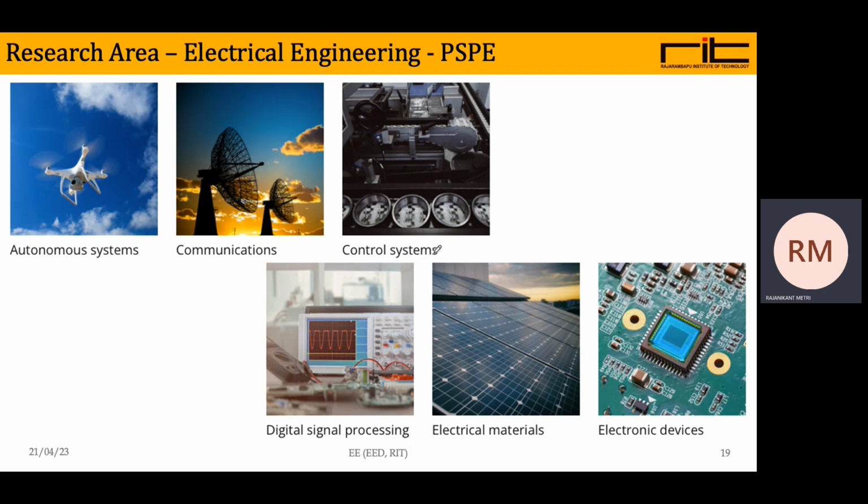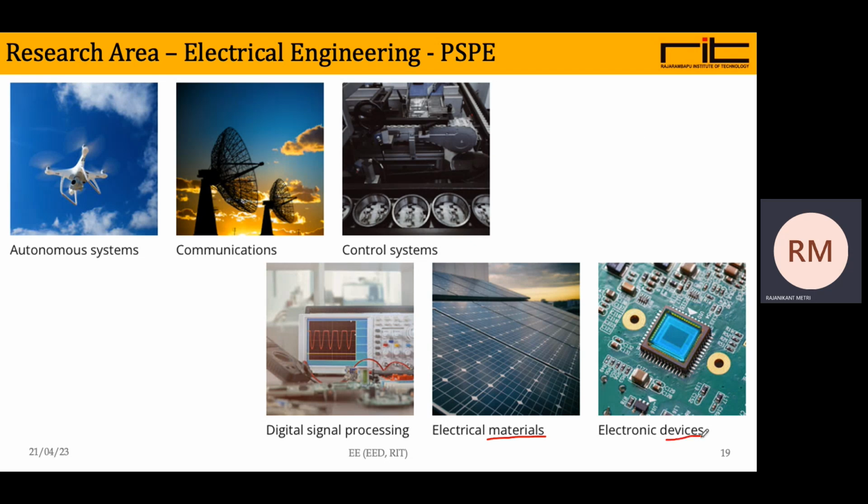Then control system automation is being implemented in most industries, and everywhere this problem or area is identified. Digital signal processing, then electrical materials. Solar is one, or even batteries, where research is going on in materials for preparing those particular devices.